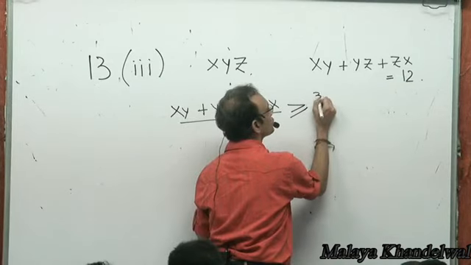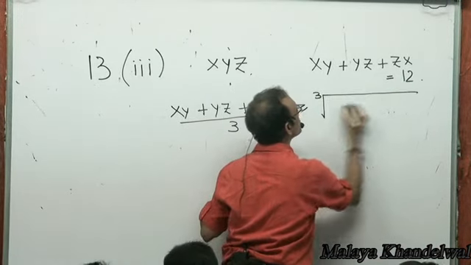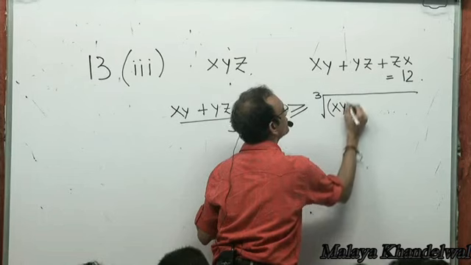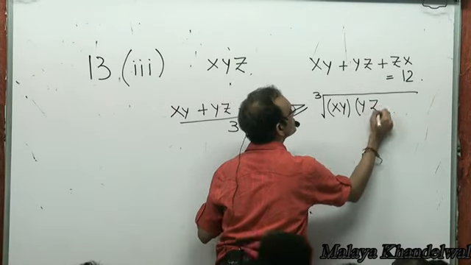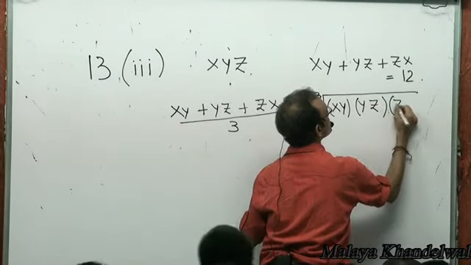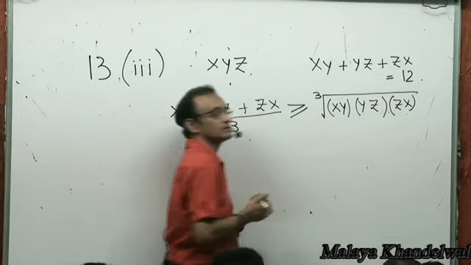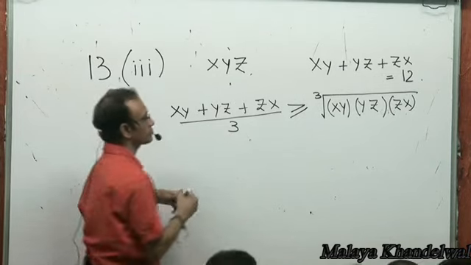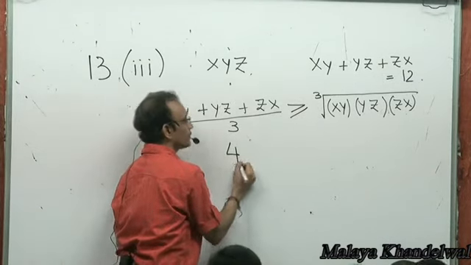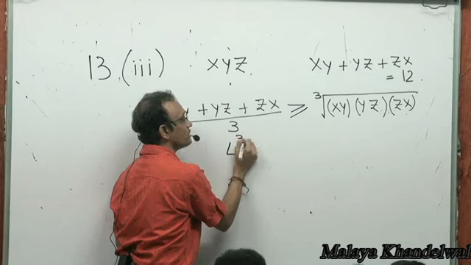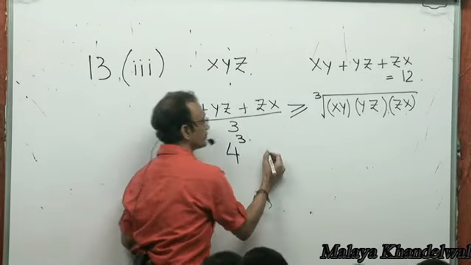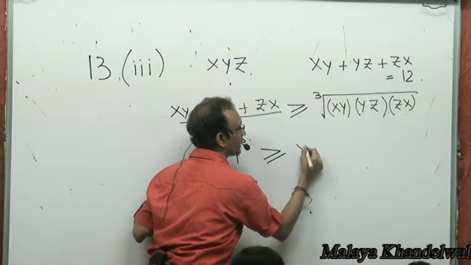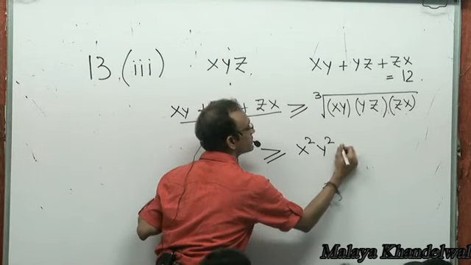This must be greater than or equal to the geometric mean of these numbers, xy, yz, zx. This is 12 by 3, which is 4, right? Raising to the power 3 on both sides, 64 is greater than or equal to x squared, y squared, z squared.